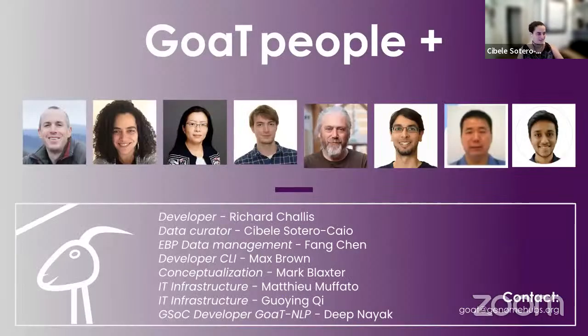Before I start, I just want to say that the GoaT team, the extended team, is formed by a lot of people. Rick Challis is the person coding GoaT from the start. I am just the curator. We have Fang now that is helping me with the data. We have Max, the developer for the GoaT command line interface. Mark Blaxter is the person that envisioned GoaT.